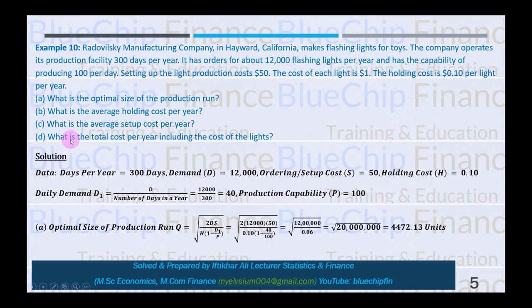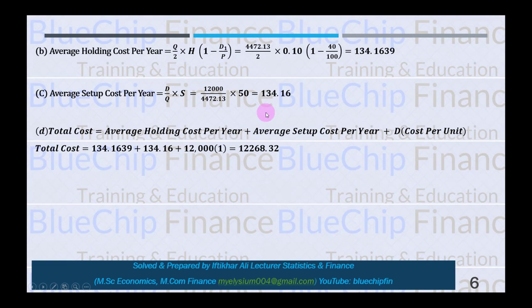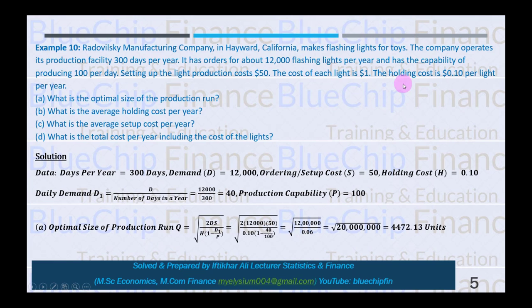And fourth, what is the total cost per year, including the cost of the lights here. One thing you should remember is that here the cost of each light is also given. If it is not given, then it is simply equal to the holding cost plus the setup cost, but here the cost of each light is also given, so we should take it into consideration along with these two.